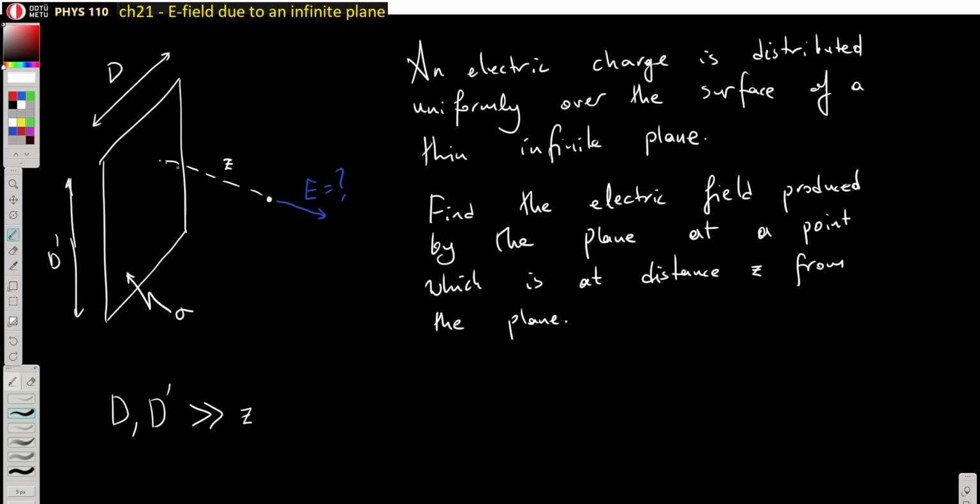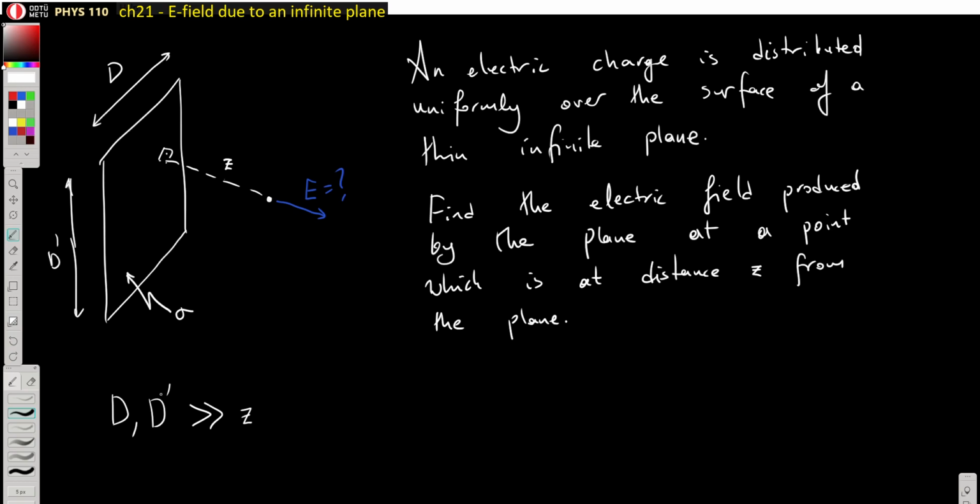So here, for example, I'm looking at a point which is at a distance z from the plane. This is a perpendicular distance, basically. So in that case, we have to assume that the size of the plane is much larger than z. So as a result, essentially, I can assume that this is infinity.